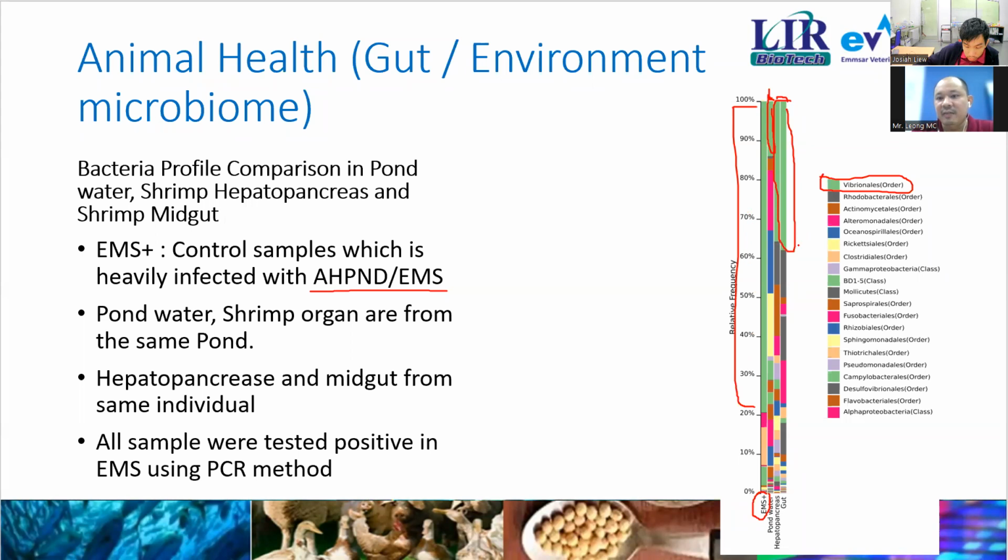Traditionally, how we do Vibrio detection is using TCBS plates, normally spreading the water. When you spread it, you can see the Vibrio population in the animal itself is at least double to triple that of the environment.